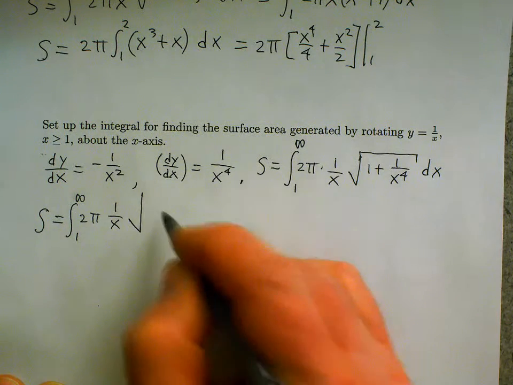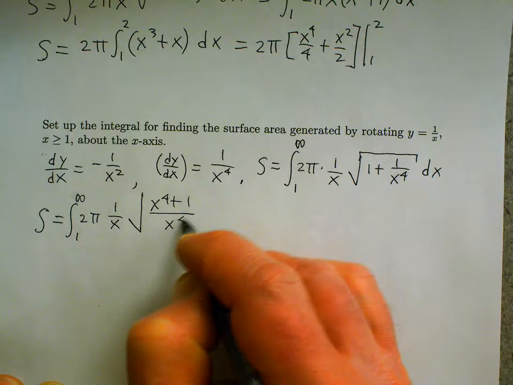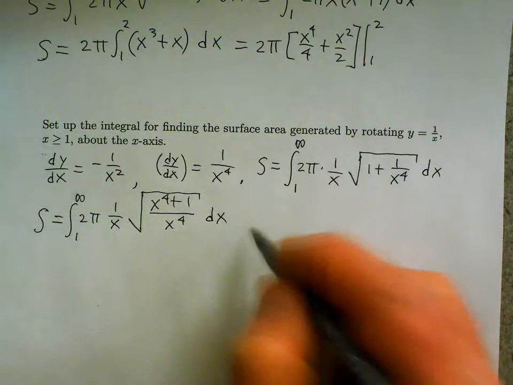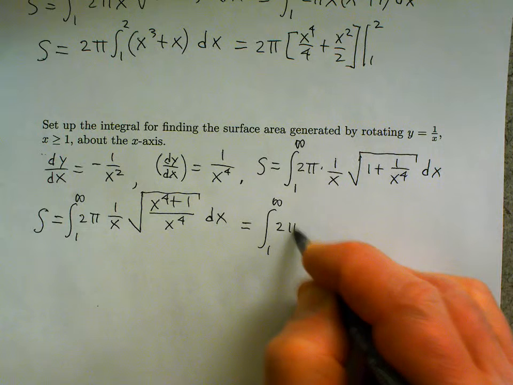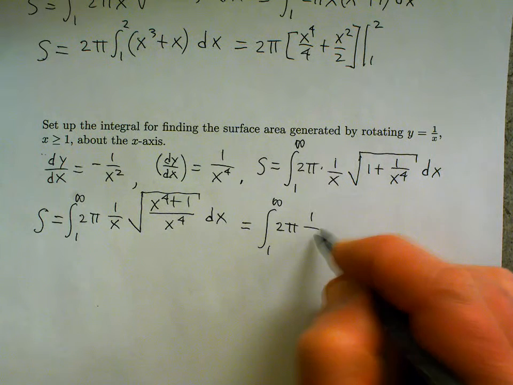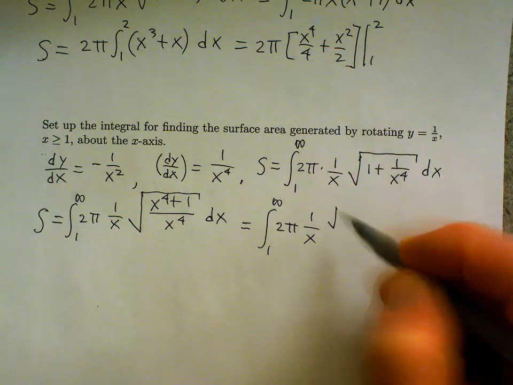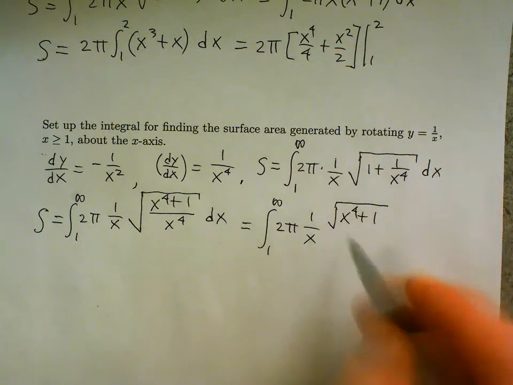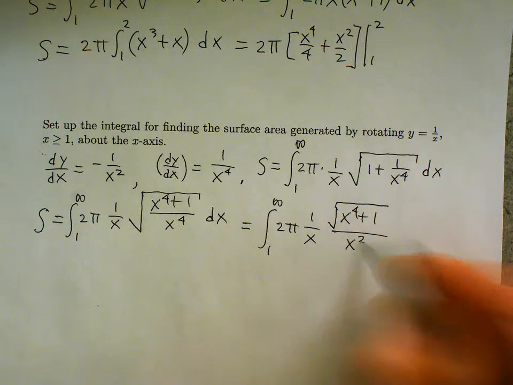So the square root of x to the 4th plus 1 all over x to the 4th. And the square root of x to the 4th plus 1 over x to the 4th is the square root of x to the 4th plus 1 over the square root of x to the 4th, which is x to the 2nd.